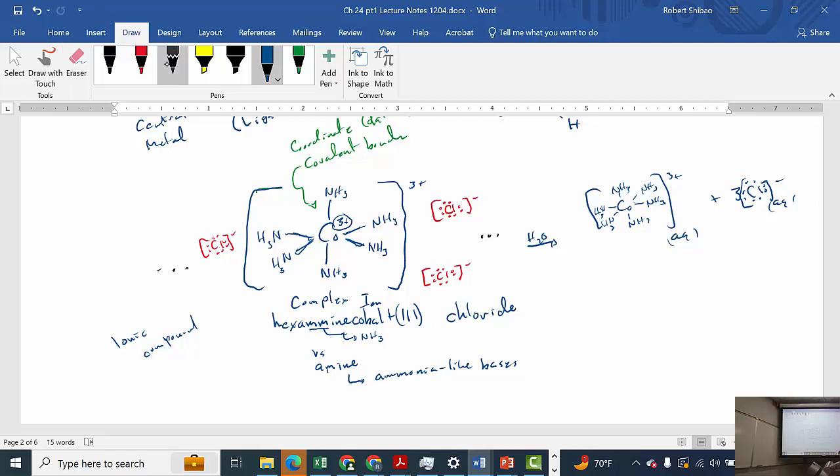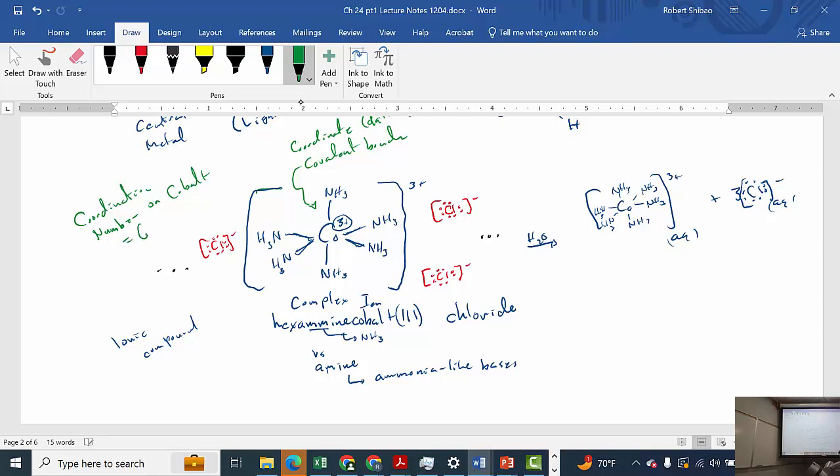Now, we talk about certain things here. So, for example, there's something called the coordination number. The coordination number on cobalt means how many things it is bonded to.